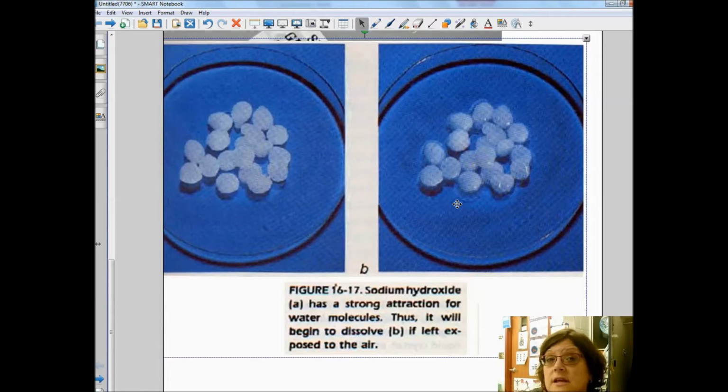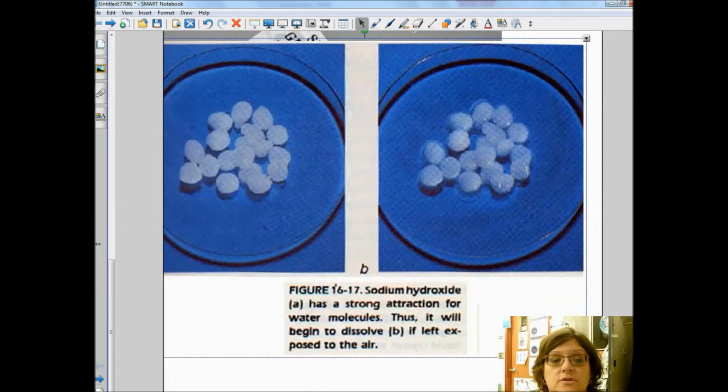You'll be able to see it even in the classroom, in the amount of time you have it out after you've found the mass and then use it for making a solution. You're going to see that it will absorb some water. So that's one thing we'll have to be very careful of when we do that lab. Make sure that the lid's kept tightly on our sodium hydroxide canisters.